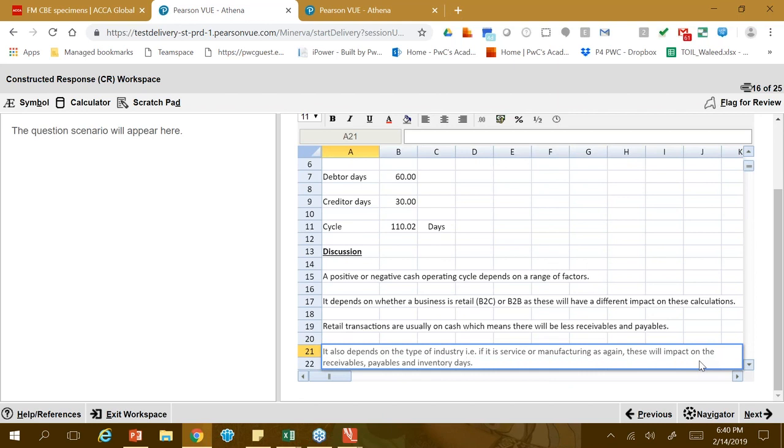So the answer to this is basically we can't really establish unless and until things are clearer to us in terms of what sort of industry it is, what sort of business it is, and things like that.